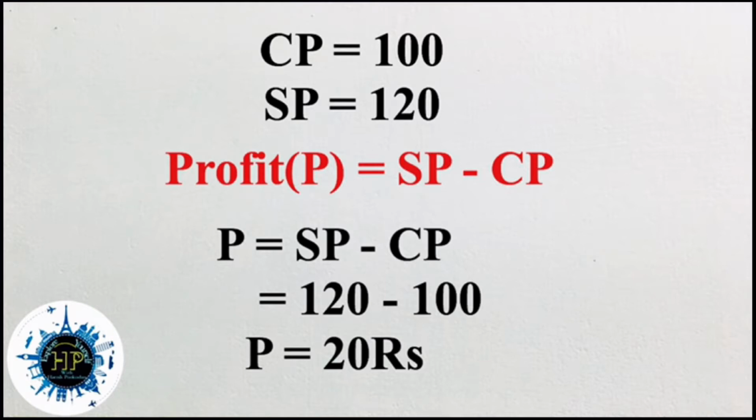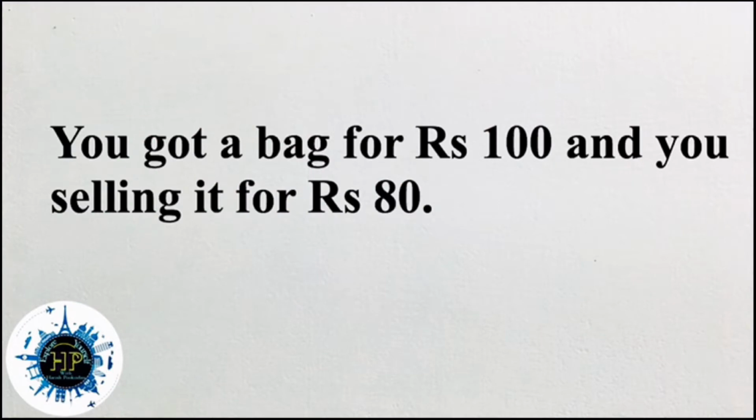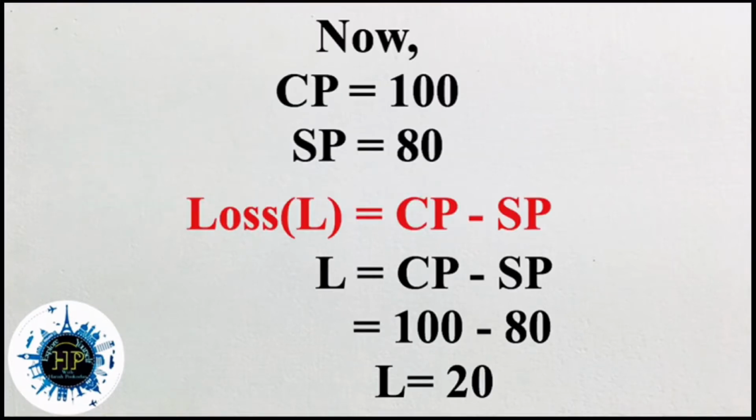In the other case, you got a bag for 100 rupees and you are selling it for rupees 80. Now CP, that is cost price, remains the same at 100, and the selling price becomes 80. In the previous question it was 120 and now it's 80. So from the question itself you can understand this person has a loss.